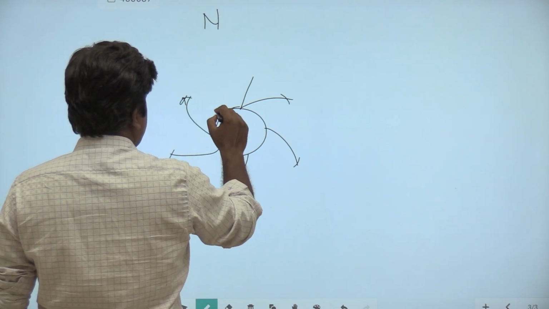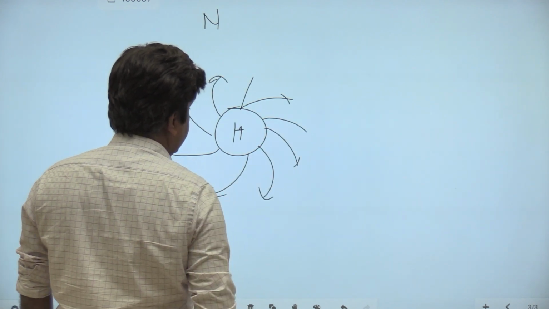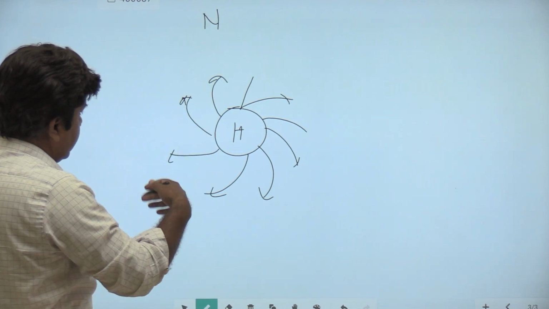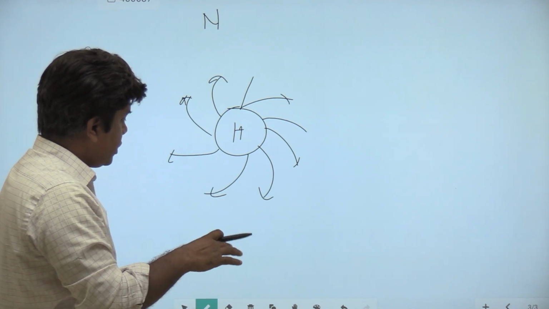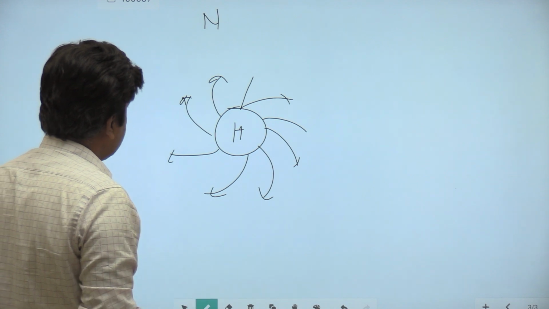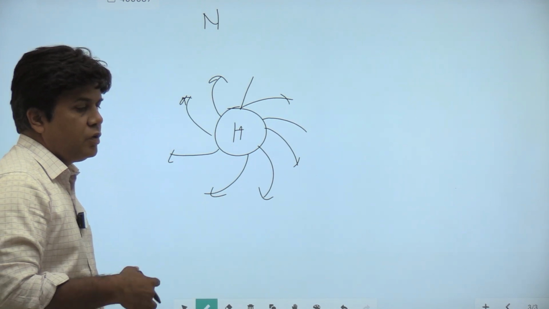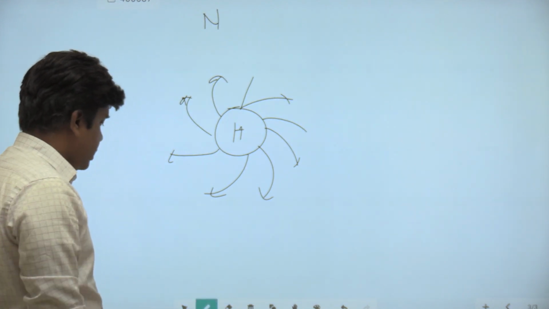So in the northern hemisphere the wind direction in the anticyclone will be clockwise. In the southern hemisphere things are going to be completely opposite. That's how you can easily make out whether the wind circulation will be anti-clockwise or clockwise.